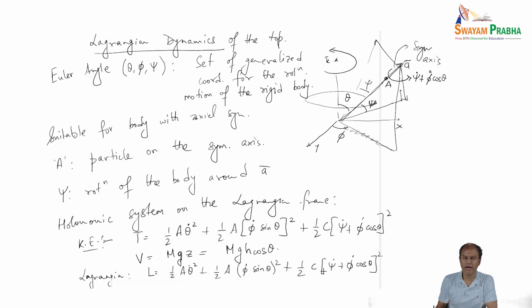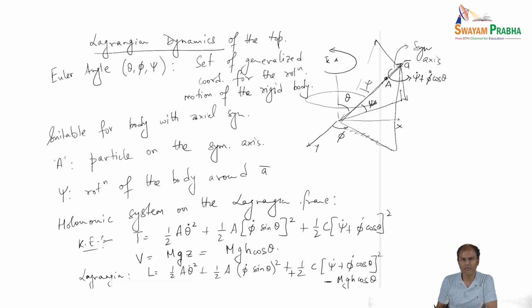So this is my kinetic energy minus the potential energy mgh cos θ. Okay, so notice that in this Lagrangian there is no φ or ψ. The only variables present in this Lagrangian are θ, θ̇, φ̇ and ψ̇.